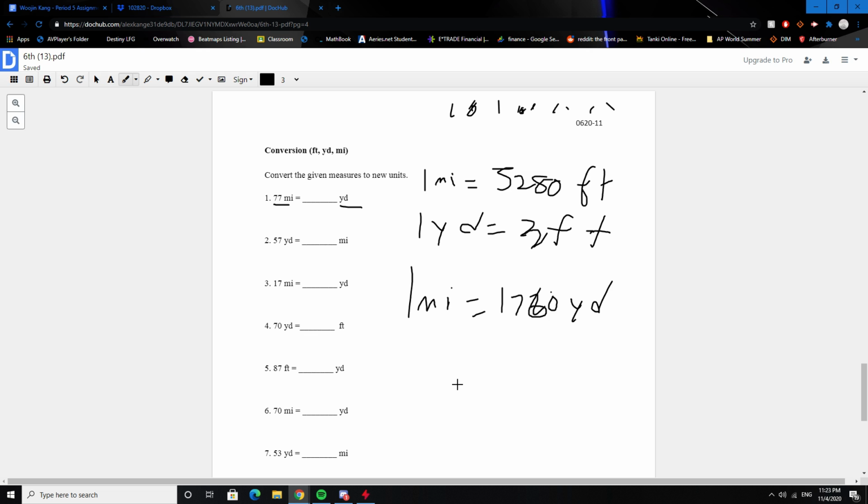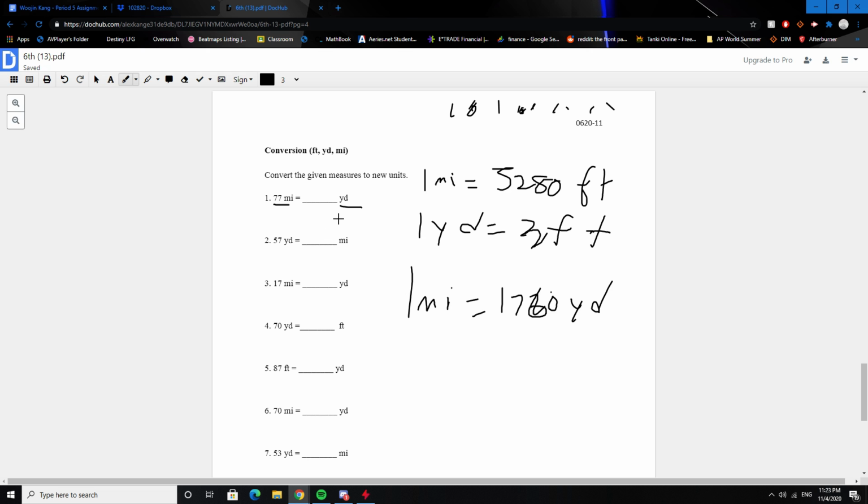A yard is infinitesimally smaller than that. So there will be a lot more yards, but it's the same distance as 1 mile. That tells you the number will be bigger, but the actual value is the same. That's why in this case you're multiplying, not dividing.